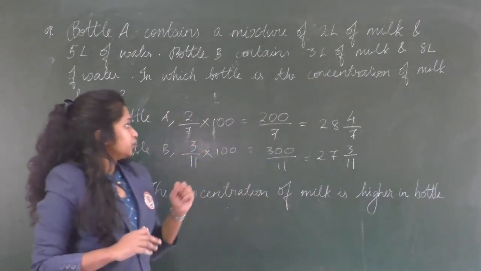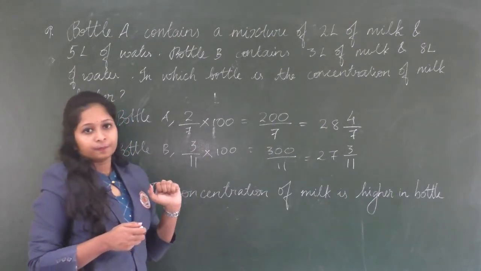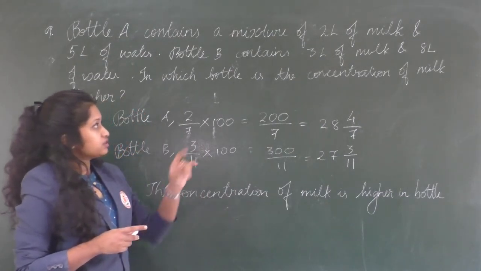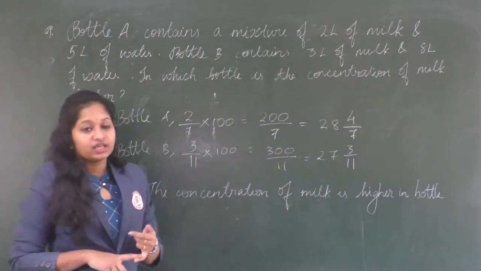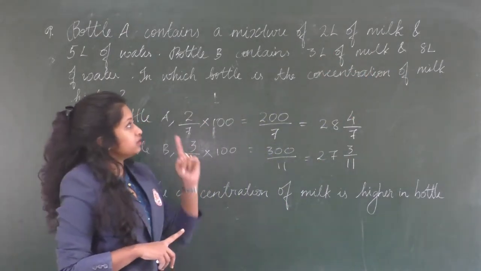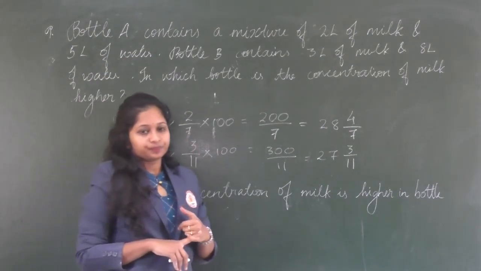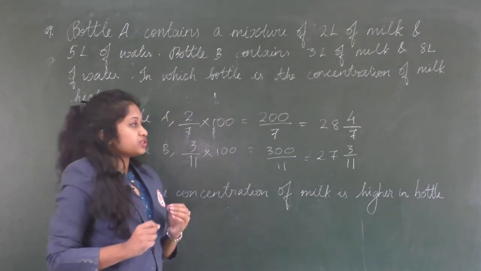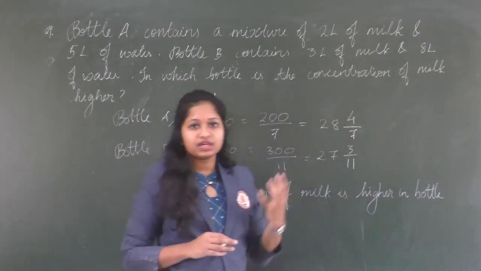So the total amount of mixture in bottle B is 3 and 8, which is 11 liters, and in bottle A it is 2 plus 5, which is 7 liters. Okay, and now the question is to find only the concentration of milk, which is higher.